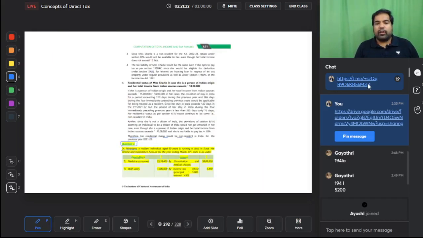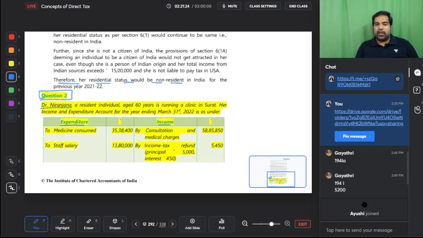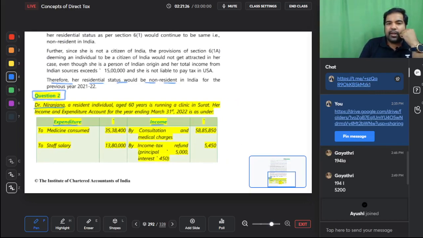So what we need to do, guys, is figure out if everything is right. She runs a clinic in Surat, she's a doctor, so we'll have to figure out her PGBP separately and all the other heads separately. I'm giving you 5 minutes, first 1 minute for this sheet and the next 4 minutes for the next sheet. Medicines consumed, staff salary, consultation, medical charges, income tax refund, principal and interest.